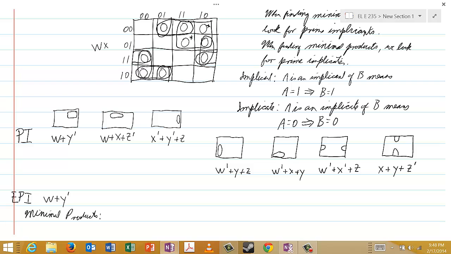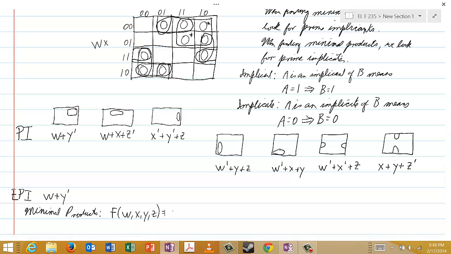Now, just as was the case when we're identifying minimal sums, we must first begin with what's essential. And what is essential is W or Y prime. Now we're doing a product, so I'll go ahead and put the parentheses around that term.